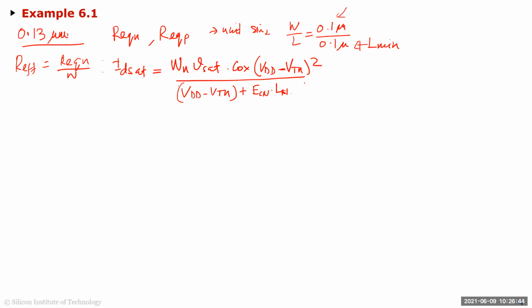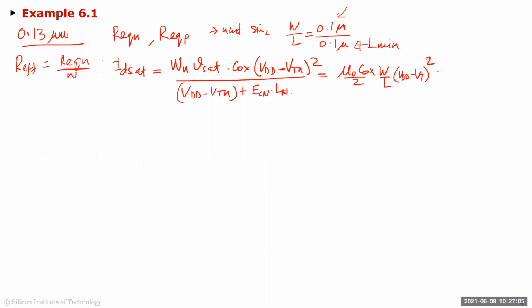Yesterday I did some rearrangement, and I said I can also write it in the format mu naught Cox over 2, W over L, (VDD minus VT) squared. This was our old equation.